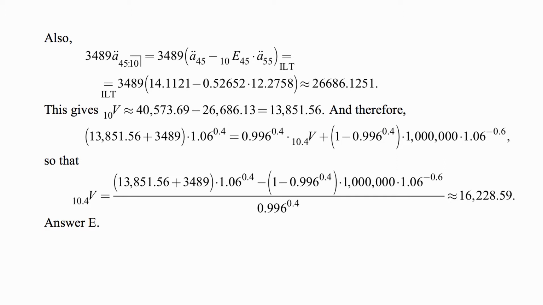We can plug it into the recursive formula, and we see that the only unknown is the reserve at time 10.4. We solve for that, and then do the calculation, and the reserve comes out to be 16,228.59, and that's answer E.